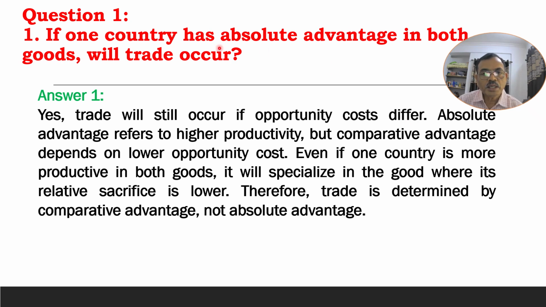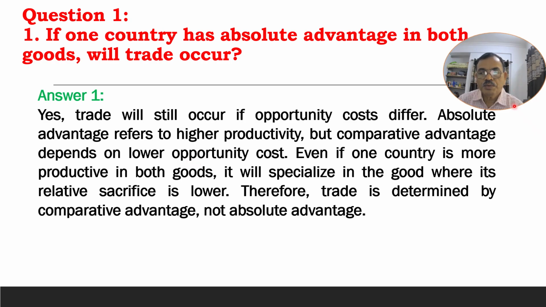If one country has absolute advantage in both goods, will trade occur? The answer is yes. Trade will still occur if opportunity costs differ. Absolute advantage refers to higher productivity, but comparative advantage depends on lower opportunity cost.